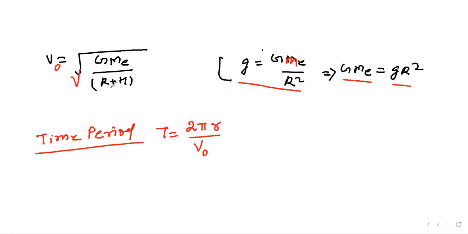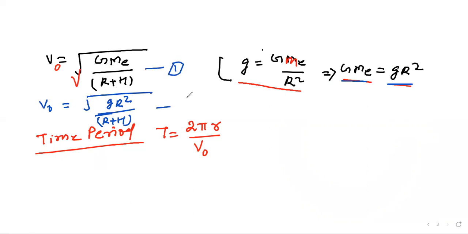We put GM as g R square, so orbital speed will be VO equal to root under g R square upon R plus H. You can use either formula for orbital speed as required.